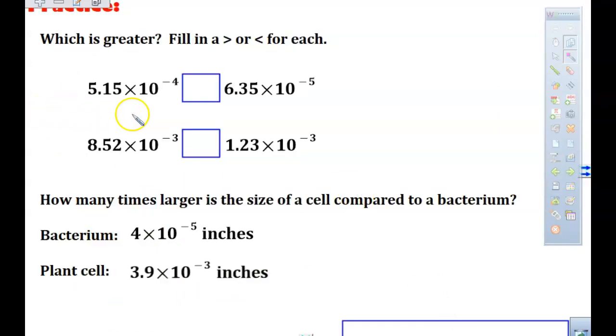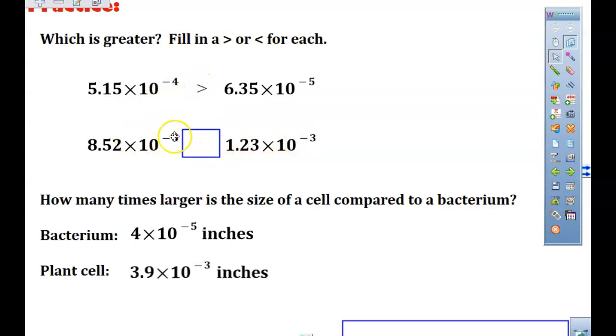So if I am looking at which one is bigger, this is my greater than. This one opens to the biggest one. If I think of less than, it's going to open to the larger number. So which number is bigger, -5 or -4? -4 is larger. So when I'm looking at this first one, I should have greater than.